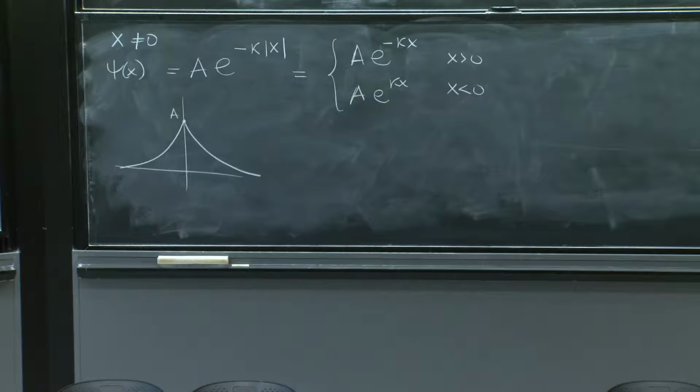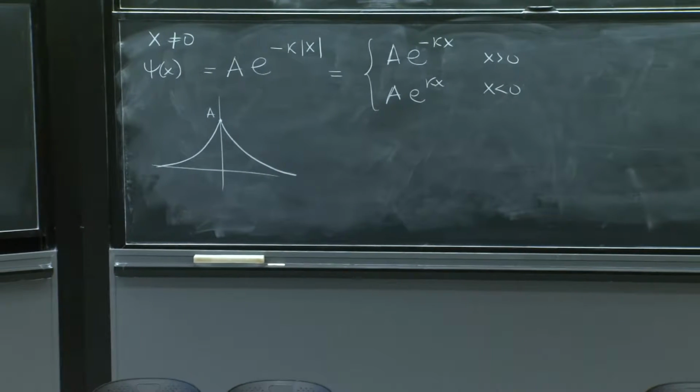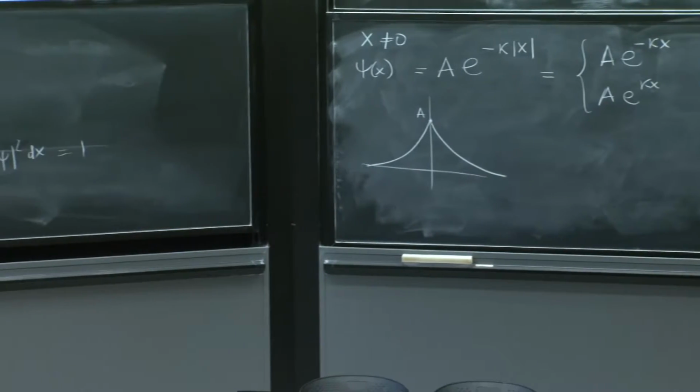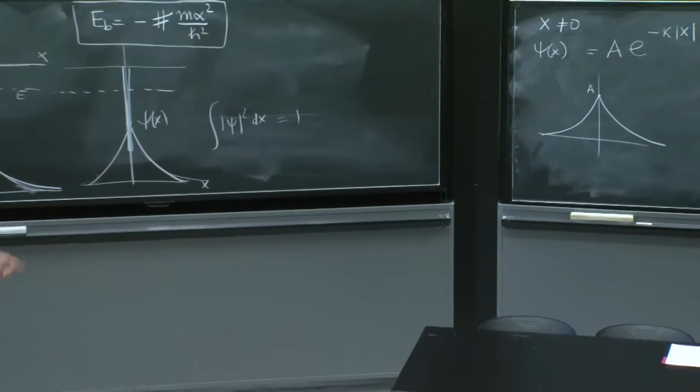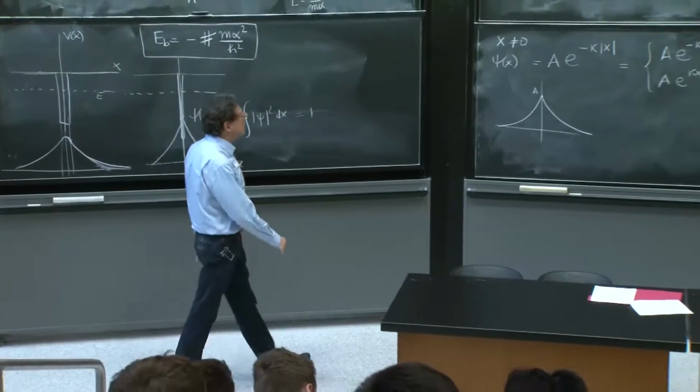So this seems to be on the right track. It's a continuous wave function. The wave function cannot fail to be continuous. That's a complete disaster. The Schrödinger equation could not be satisfied. So this is our discontinuous wave function.